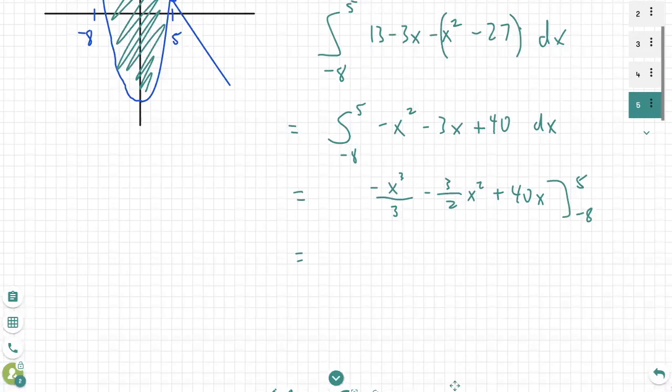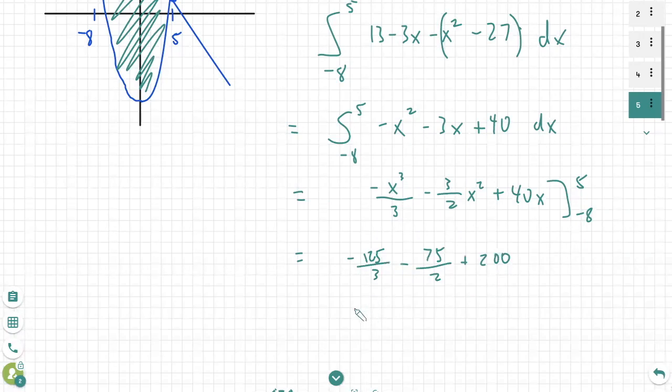For 5, I got 125 over 3, 75 over 2, 200. Okay. Yeah. What did you get for the 8? Negative 8. Negative 8 cubed, 64, and minus that.